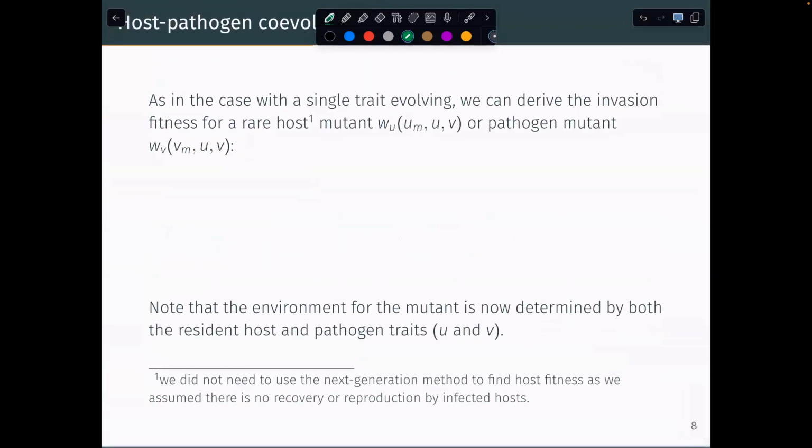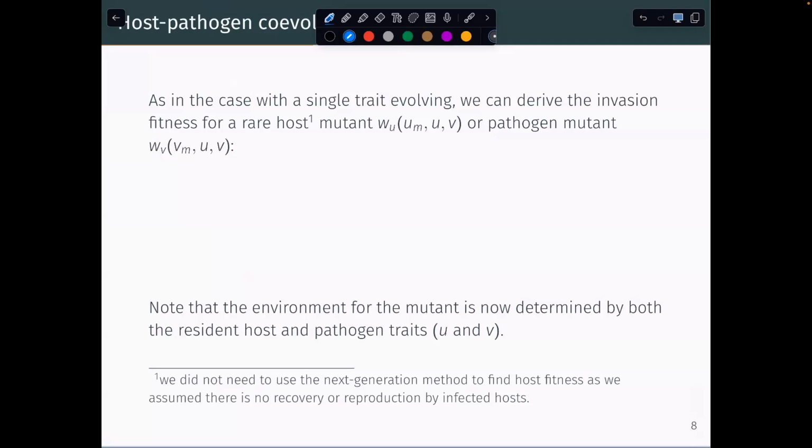Okay, so that's the general setup. What I'm really going to focus on though is how do we derive some of our key results analogous to one-dimensional evolution. So just like when we had one trait evolving, we can think about our invasion fitness for a rare mutant. Okay, but now we have to think about what is that rare mutant?